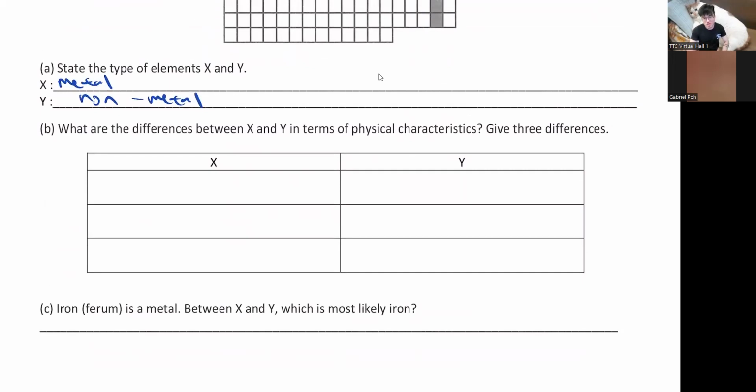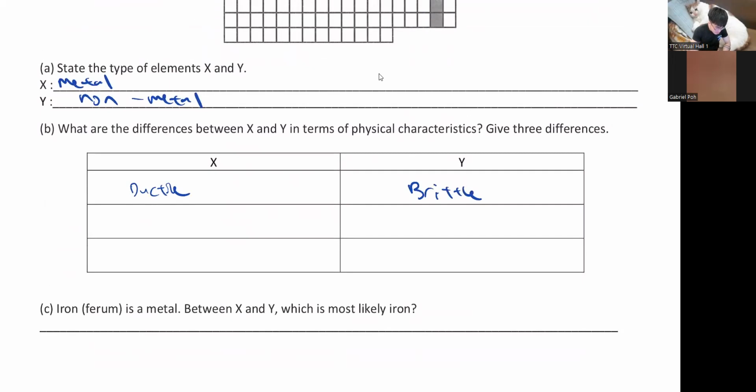So B, what are the differences? Oh my god, there are so many. First of all, X is ductile and malleable. You can just write one, ductile, and Y is brittle. They can break easily. What else?